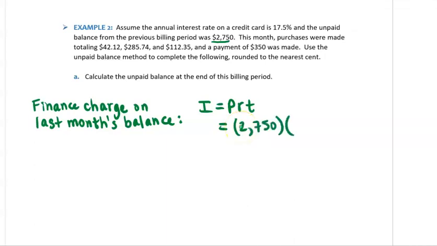R is the stated interest rate, 17.5%, represented as a decimal, so 0.175. And for this method, time is 1/12. Multiplying gives an answer of $40.10 approximately. Now we're ready to find the unpaid balance.